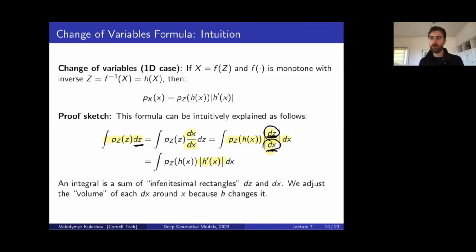And the ratio of their volumes, as the size of dz goes to 0, this ratio dz over dx will go to the derivative, right? So we're basically adjusting the size of these infinitesimal rectangles. That's an explanation for what the change of variables formula is doing.